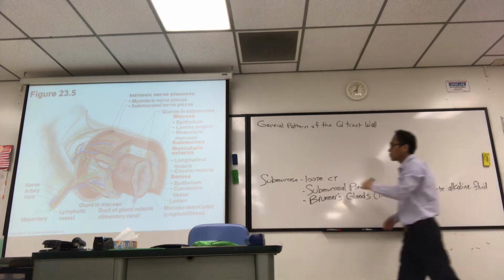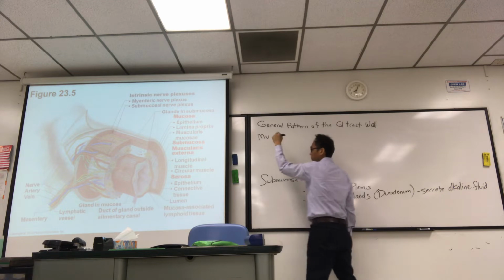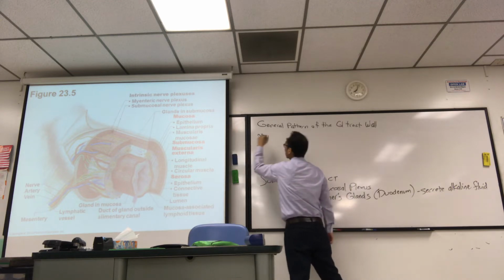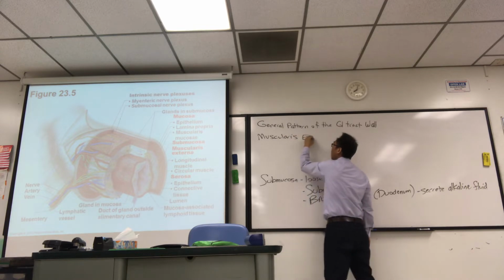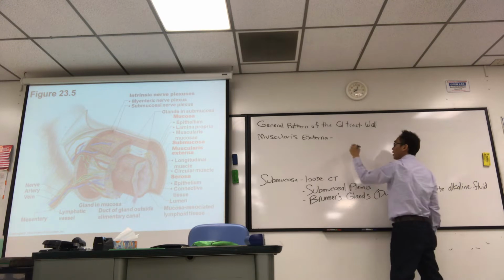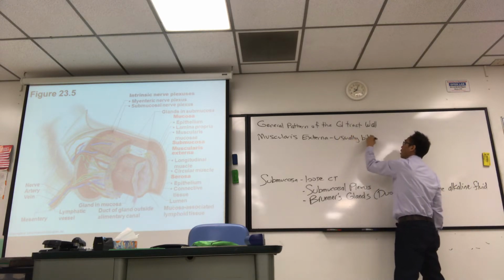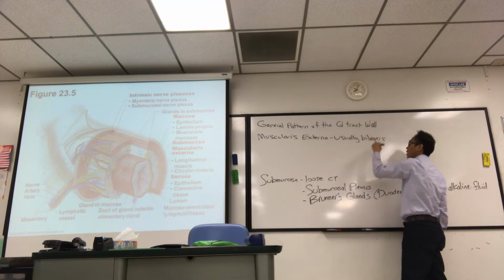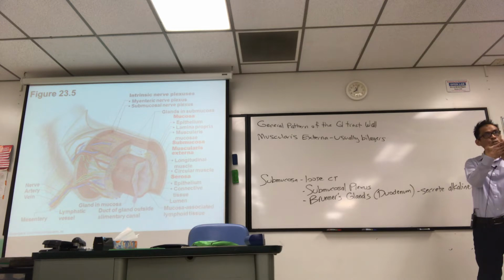So muscularis mucosa, not to be confused with muscularis externa, usually bilayered. And the orientation of the smooth muscle cells in the two layers are at perpendicular angles.